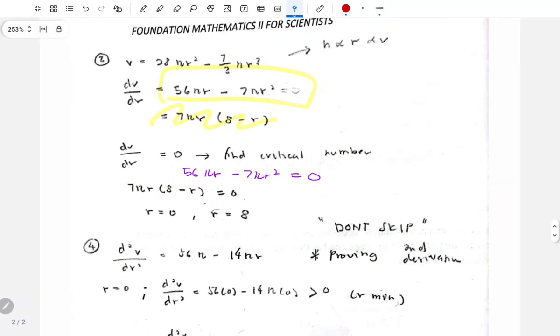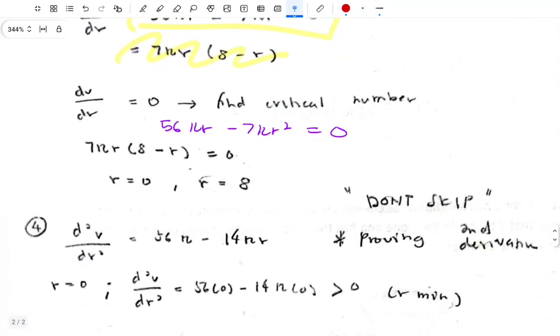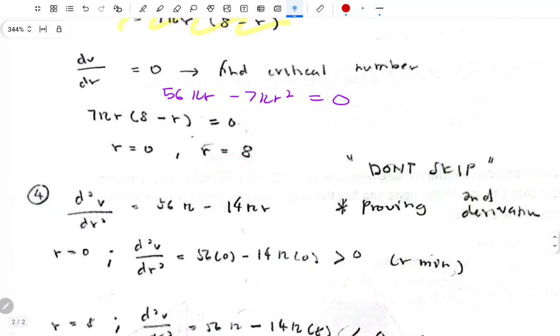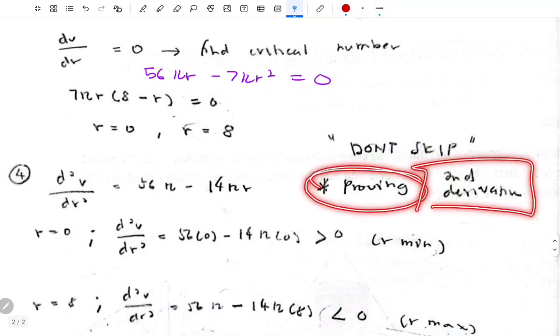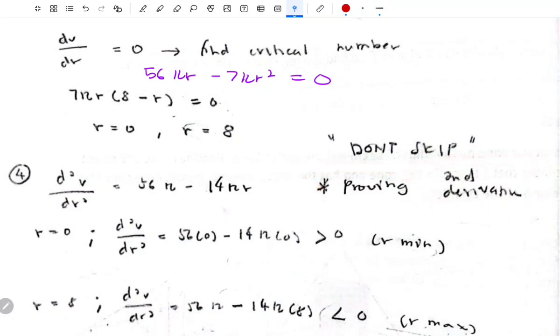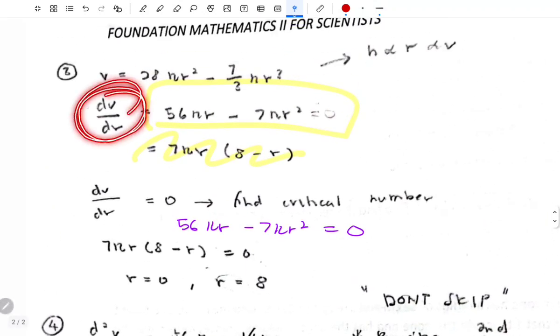Now, maybe some of you are going to say, well, we want to find the maximum, so it's obviously r equal to 8. And yes, you are correct, but you cannot skip the step of proving. We need to do the second derivative. So this one is the first derivative, right?